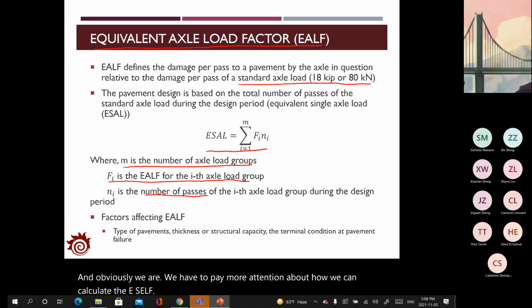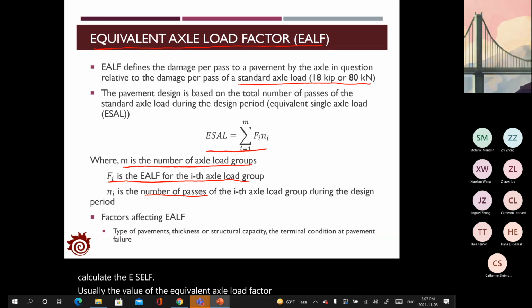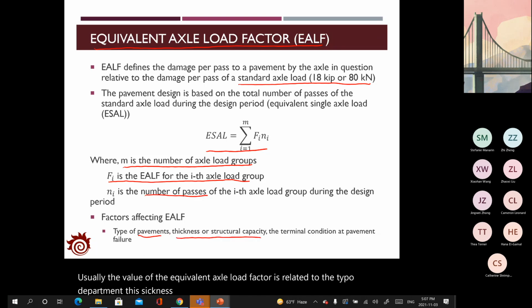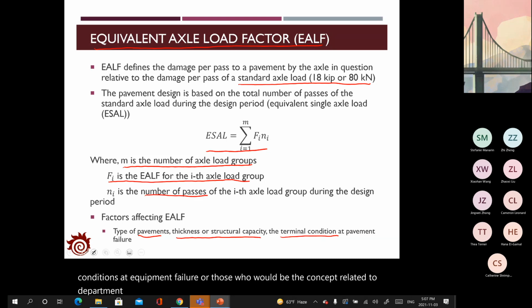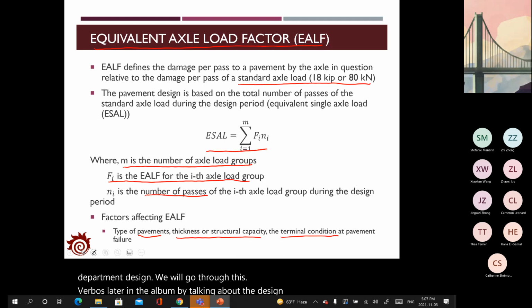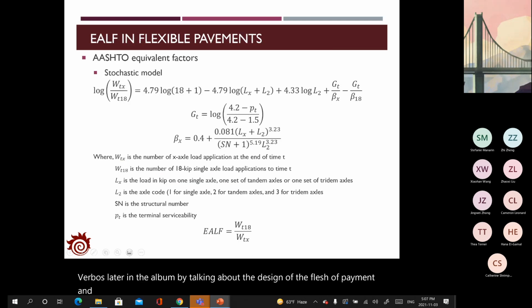Usually the value of the equivalent axle load factor is related to the type of the pavement, the thickness or the structural capacity of the pavement, and the terminal conditions at the pavement failure. Those would be the concepts related to the pavement design. We will go through these variables later when we are talking about the design of the flexible pavement and the rigid pavement.